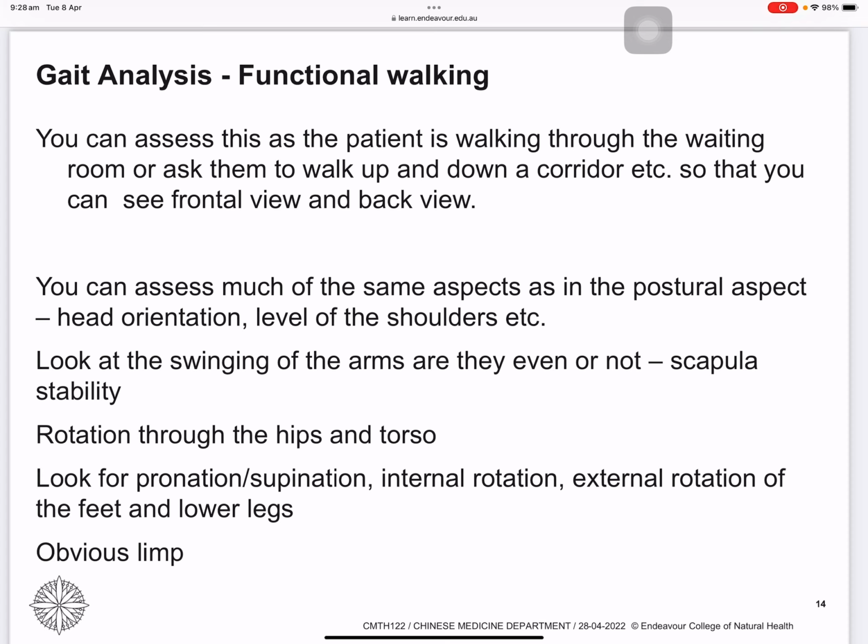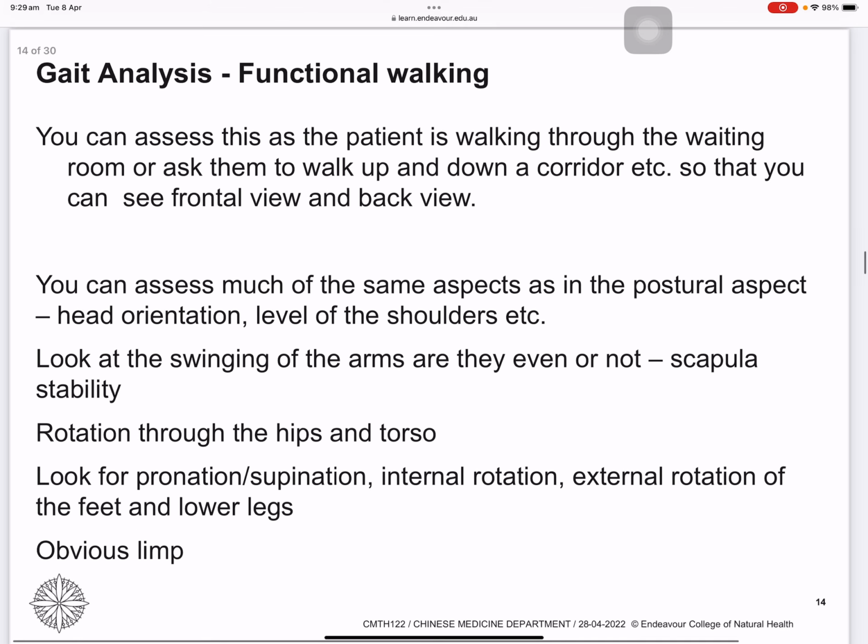It's very easy to check what's wrong with the patient. Normally the level of the shoulder is not balanced. Maybe one is lower and one is higher than the other side. Yes, we can have a video to see.